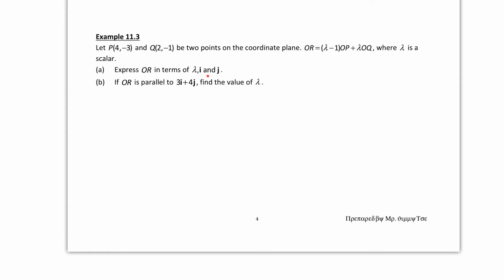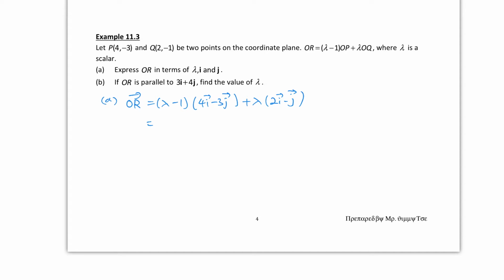Express R in terms of lambda, i, and j. Part A, OR. This is the given information. OR is equal to lambda minus 1 times OP, where OP is 4i minus 3j, plus lambda times 2i minus j.